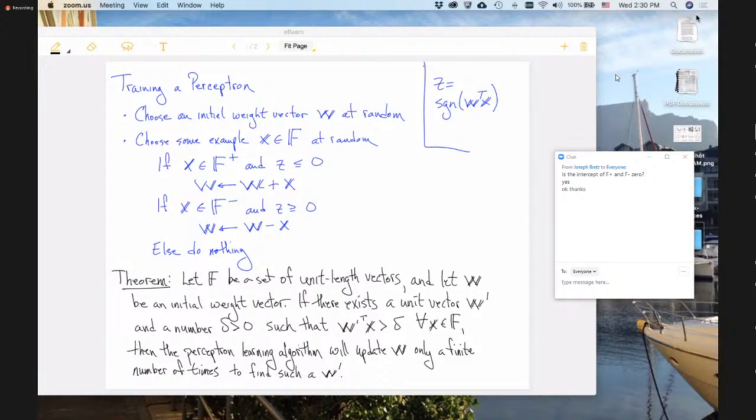What it basically says is that under the conditions laid out in the theorem, where we're dealing with unit vectors, and we are able to find whatever this delta is, and by the way, this condition combined with this is extremely important, because taken together, what that means is there exists some weight vector W that will correctly separate the positive and the negative subsets of F. Now, it doesn't look like it says that in the wording of the theorem, but in reality, it does, because of the way that we are handling that inner product and that threshold delta.